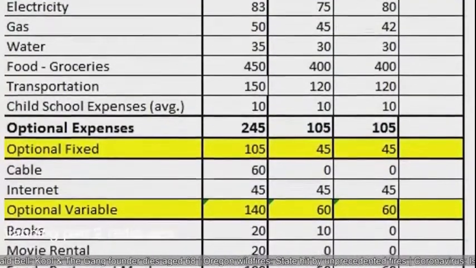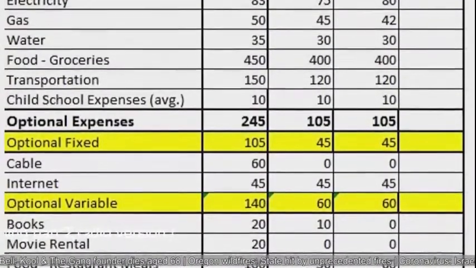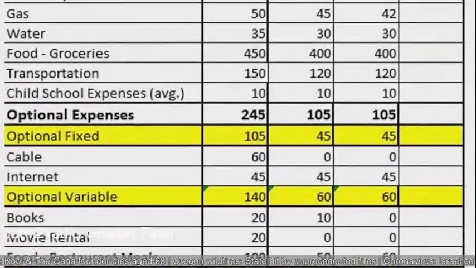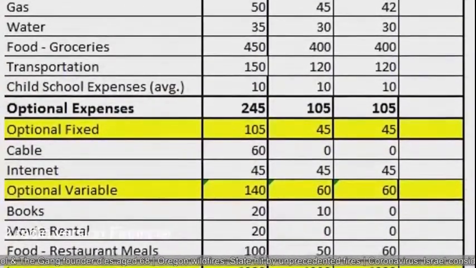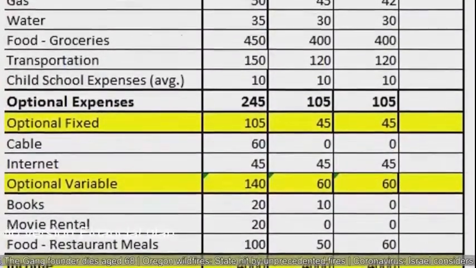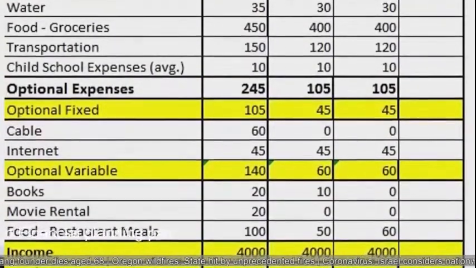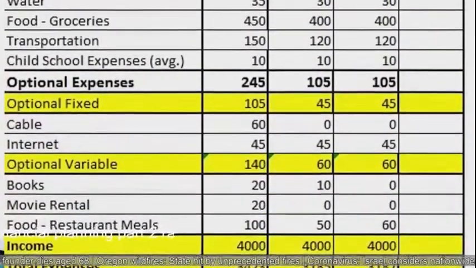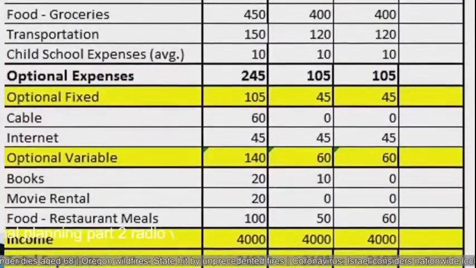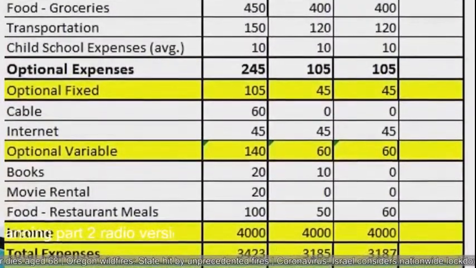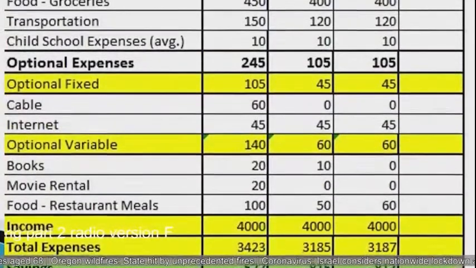School expenses stayed at $10. Cable, which then falls in the optional fixed category, that was reduced from $60 US to $0, so they gave up cable. Internet, which was $45 US, they maintained, because nowadays on internet you can get cable anyhow.